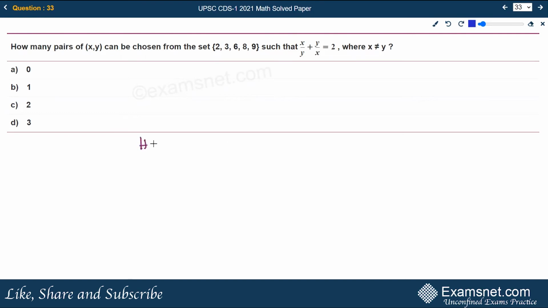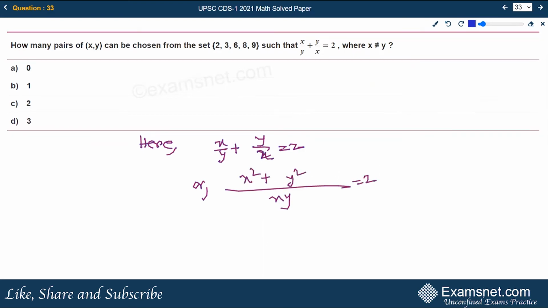So we are given the expression x by y plus y by x equals 2. Now let me simplify this. After simplifying, I will get (x square plus y square) by xy equals 2.